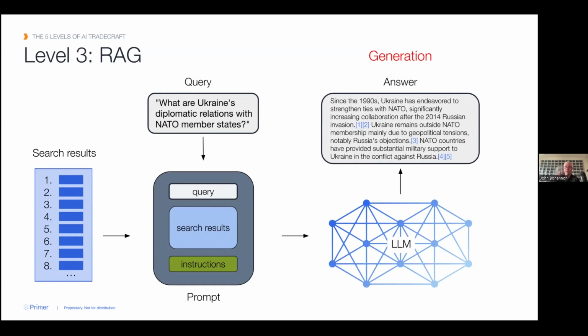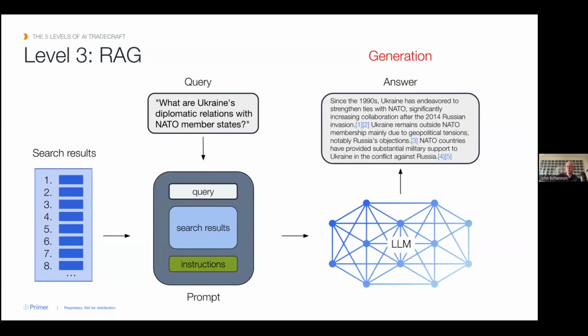If you don't carefully instruct the model in the instructions that are in that prompt to stick to the retrieved search results and cite them faithfully, it can run off the rails. So that's another part of tradecraft I'd be happy to get into during the Q&A if you want to dig into it. And there are ways to constrain the model even further to make sure that it doesn't hallucinate.